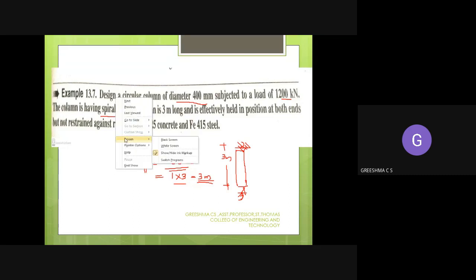Okay, now let's go to the problem. First of all, write down the given data. First of all, the effective length is 1 L, which is 3 meters itself.